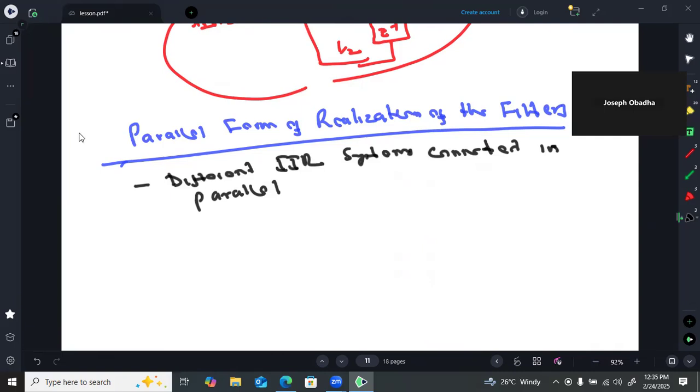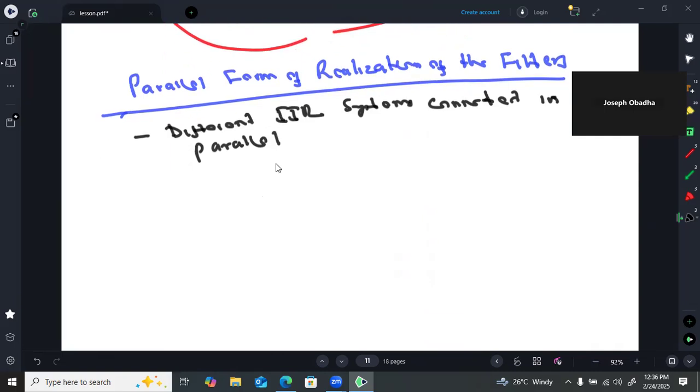That is, let's just have an example. Because what we are saying here is that we'll have our function H of z.